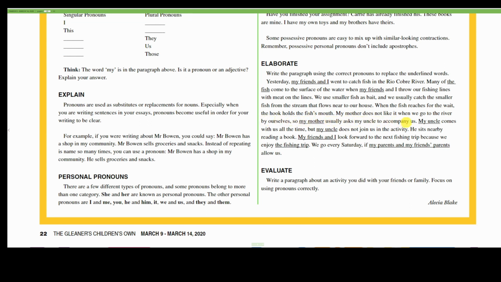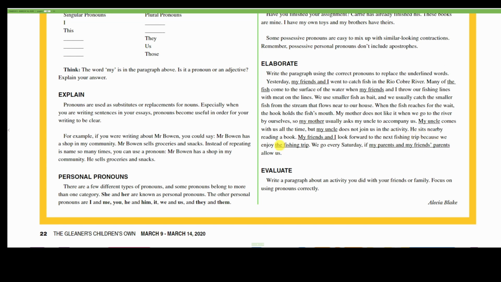My mother does not like it when we go to the river by ourselves. So, my mother, I guess we could say she usually asks my uncle to accompany us. My uncle, maybe we could say he comes with us all the time, but my uncle does not join in the activity.